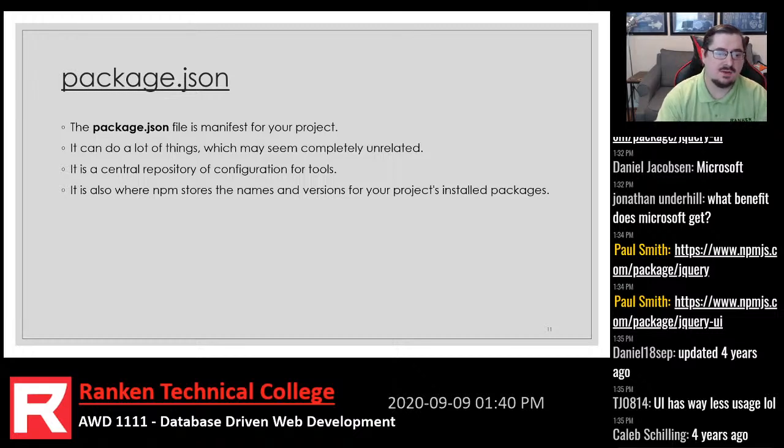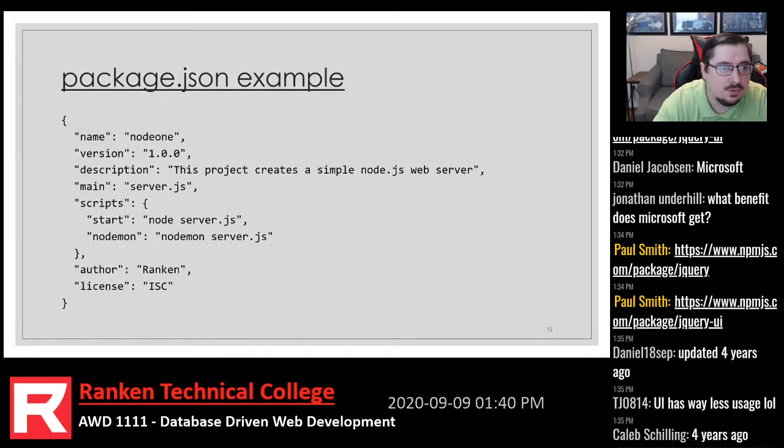And it's just kind of a central place to put configuration for all of our tools and for all of our packages. It's also where NPM is going to store all the names and versions of the packages that we've installed. So we'll need to create this file using npm init, and then we can start installing packages, and it'll track everything that we've installed.